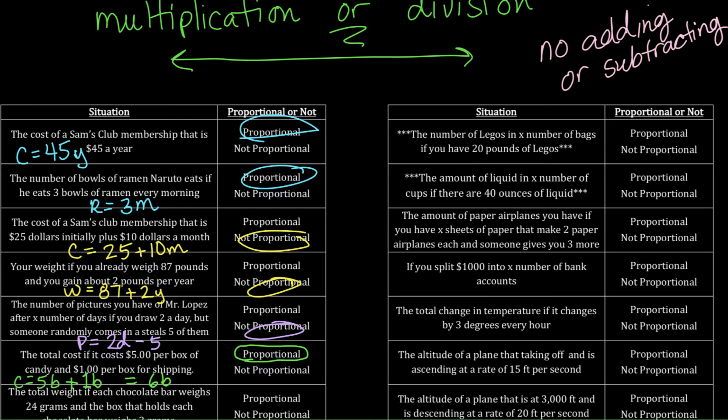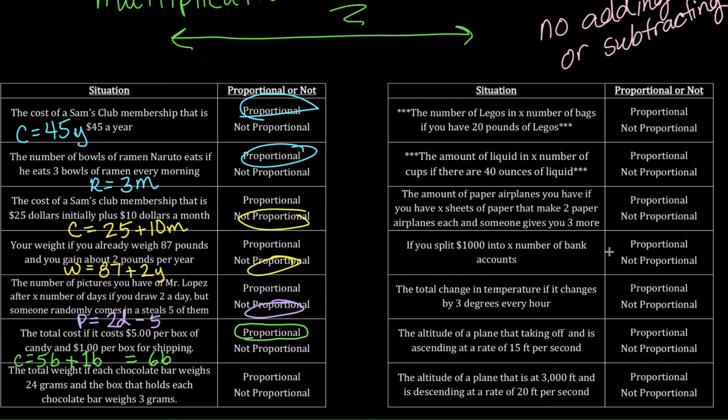And let's see if I can get down here to this last part. Okay, so the total weight, if each chocolate bar weighs 24 grams, so the weight is 24 grams per candy bar. But the weight is also 3 grams per chocolate, right?